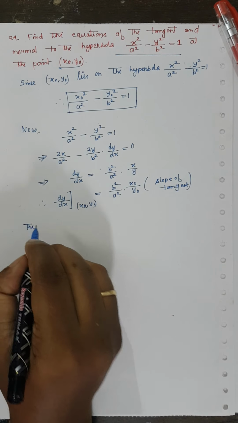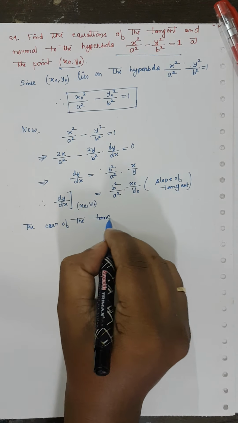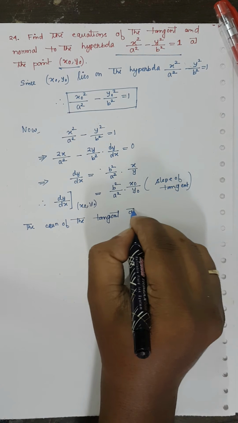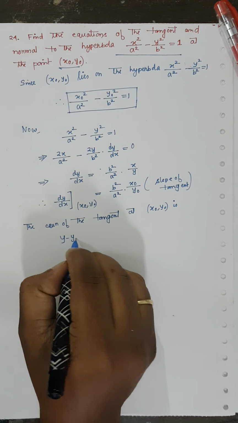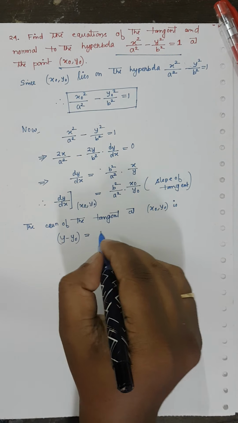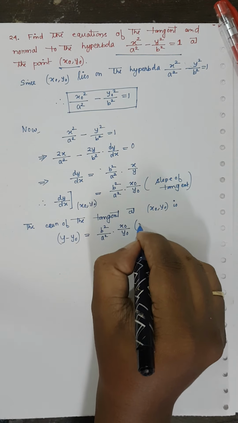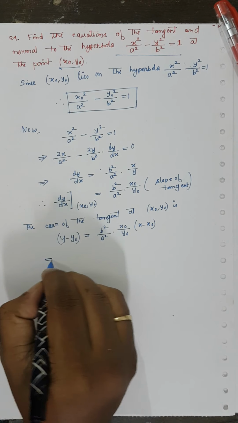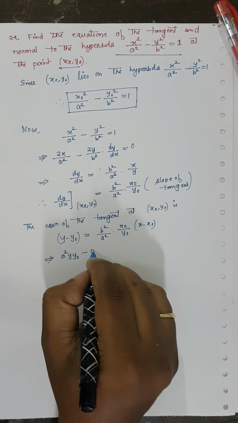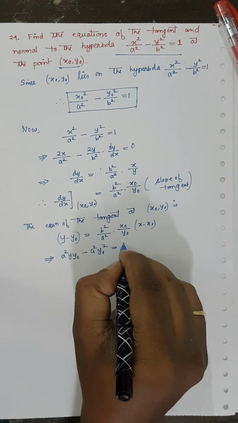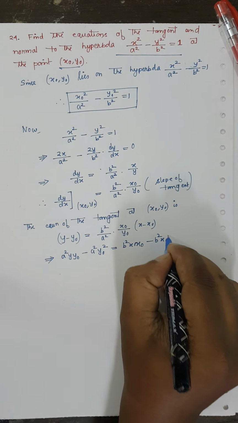Hence, the equation of the tangent at x naught comma y naught is y minus y naught equals the slope b square by a square into x naught by y naught, times x minus x naught. Now, if you multiply through, you'll get a square y naught y, minus a square y naught square, equals b square x naught x, minus b square x naught square.